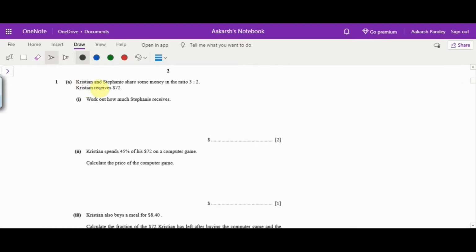Kristen and Stephanie share some money in the ratio 3 is to 2. Kristen receives $72. So Kristen is getting $72, and let us assume that Stephanie gets some X. Now we know that this ratio has to be 3 is to 2, which means 72 by X should be equal to 3 upon 2.